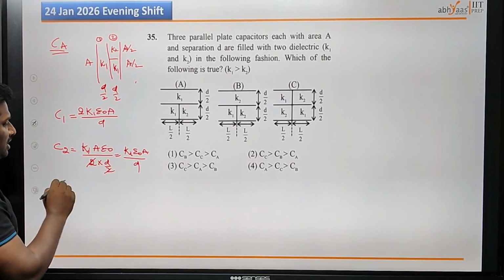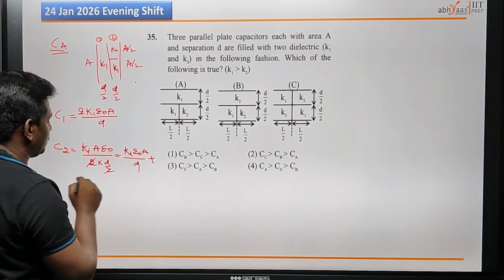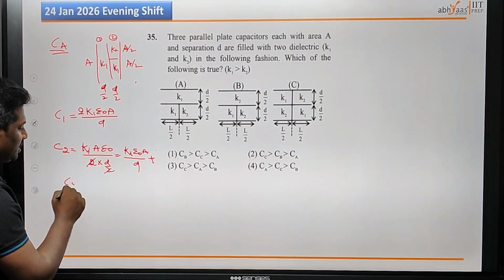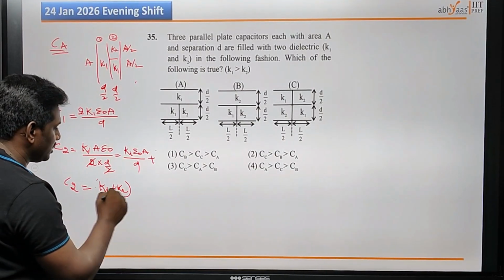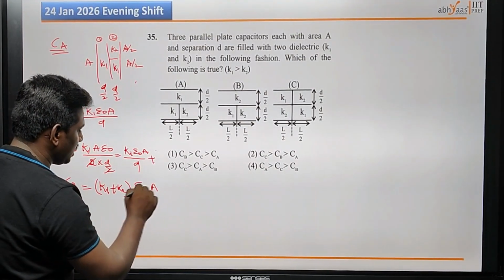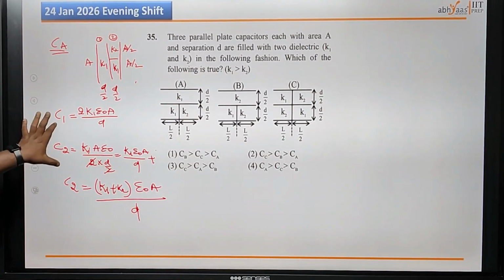What is the C2 value? I am writing finally, K1 plus K2 into epsilon naught A by D. This is our C2.